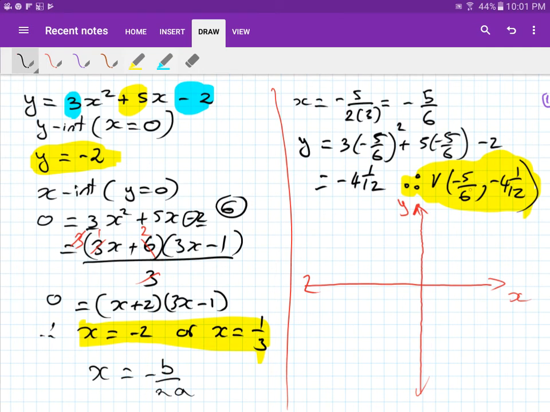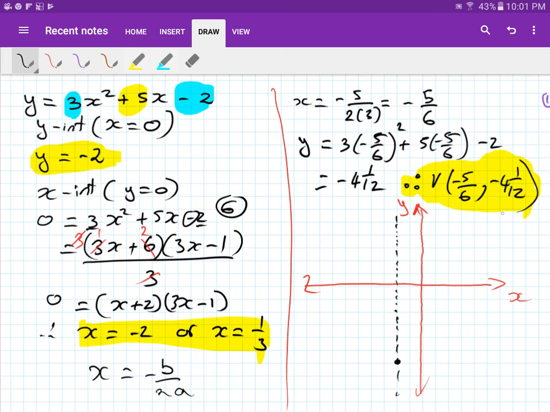Now, because it's negative 5/6, I draw the axis of symmetry first. It makes it easier for me to draw. You don't have to draw the axis of symmetry, but I just draw it, it's easier for me. So now negative 5/6 and negative 4 and 1/12 is roughly here. Then for your sketch, you go all the way from here down and then up.